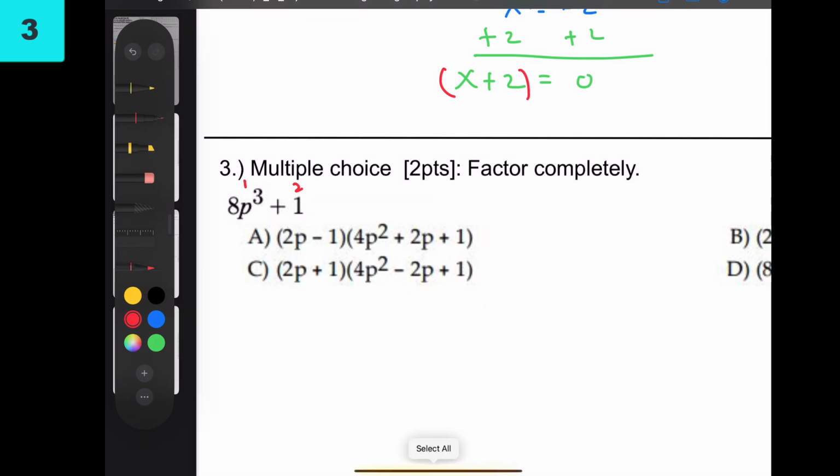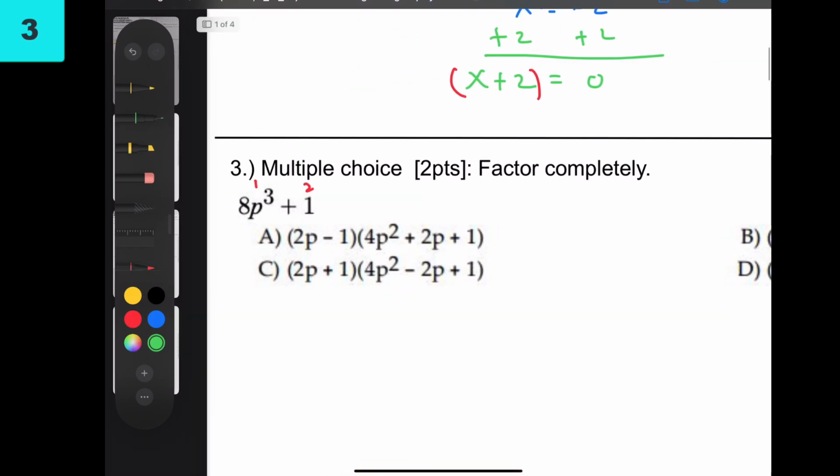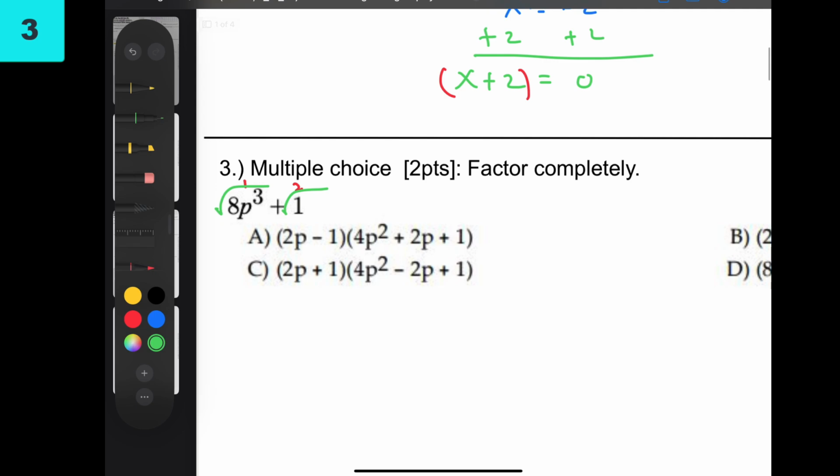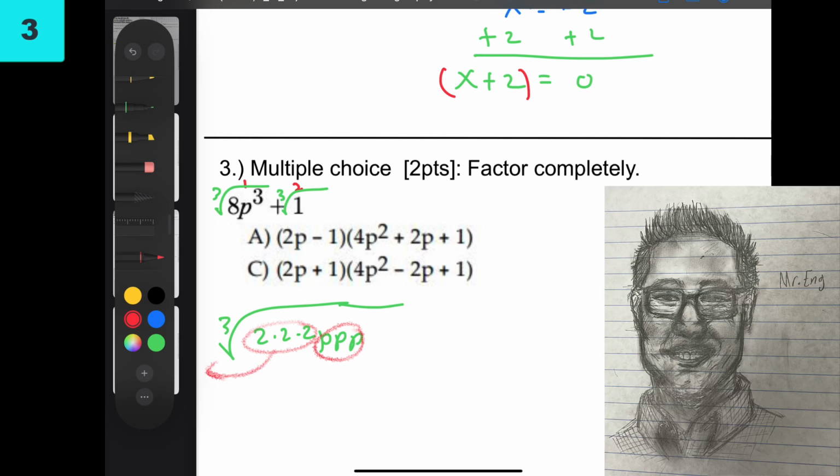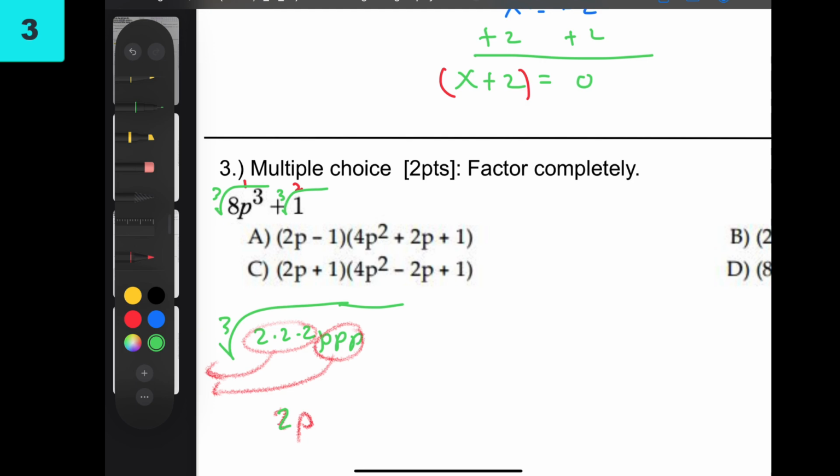So if you take the cube root of each of those, this can come out and this can come out. So that would just be 2p, 2p to the third power. And then the cube root of 1 is just 1.